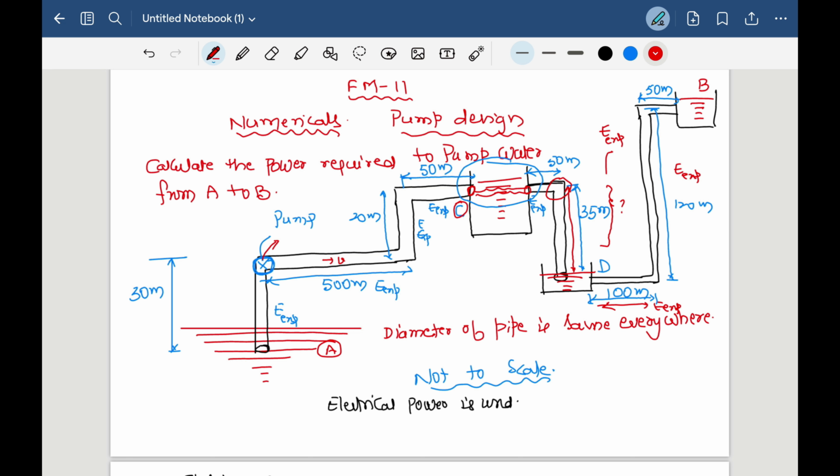Diameter of the pipe I have not given. The flow rate I have not given in cubic meter per second. And rho, you know, 1000 kg per cubic meter, that is density. G you know, that is 9.81 meter per second square. H's are known.